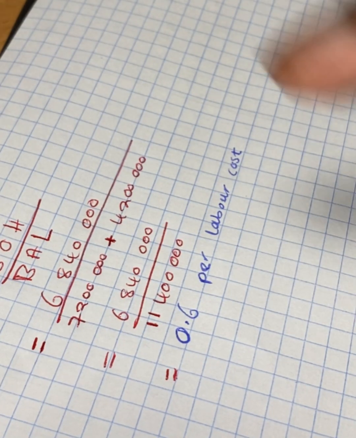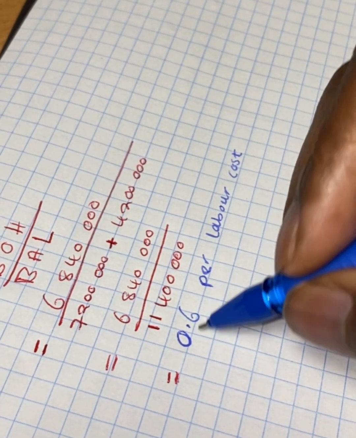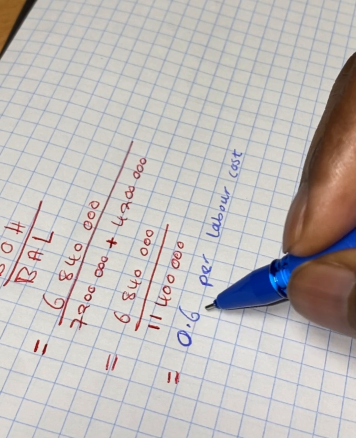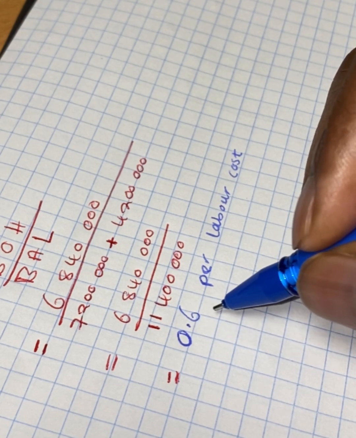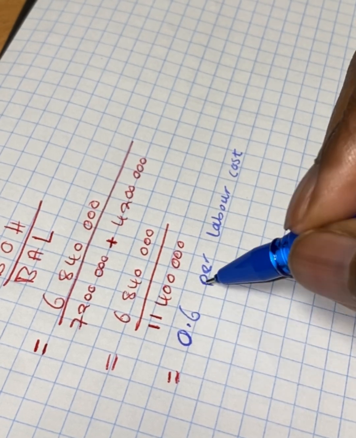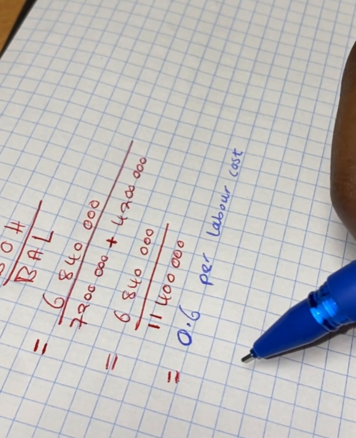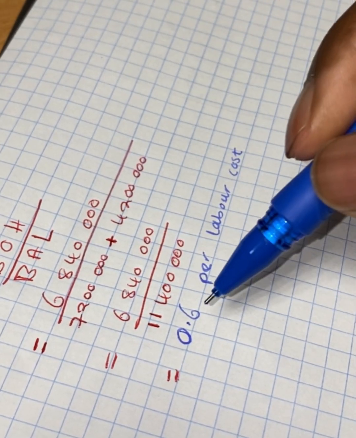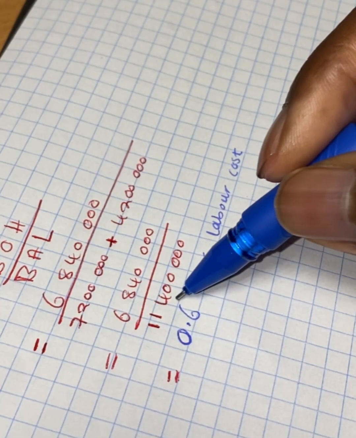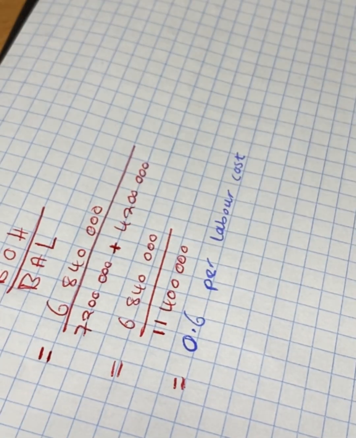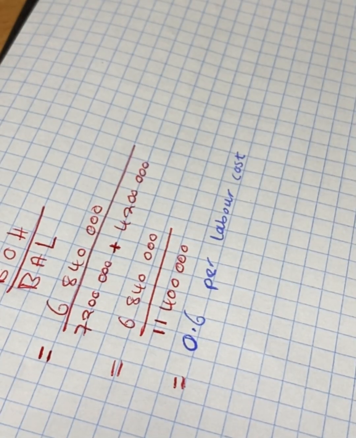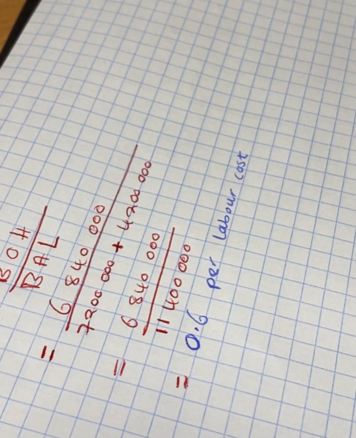When you find the overhead absorption rate, we are now supposed to multiply this by the actual labor cost for each process. For process A, the actual labor cost was 7,200,000. So to find the expense in terms of overheads for process A, we take 0.6 and multiply by the actual, which is 7,200,000.